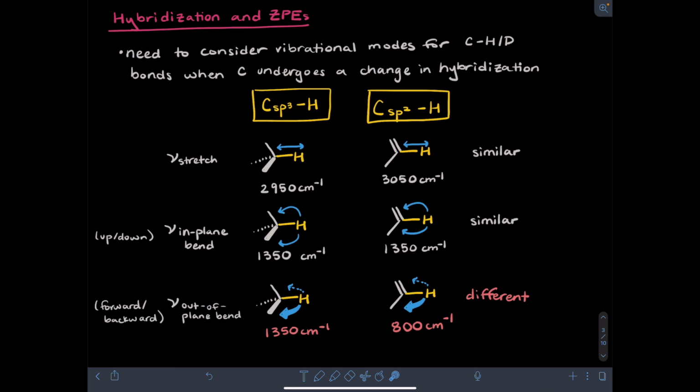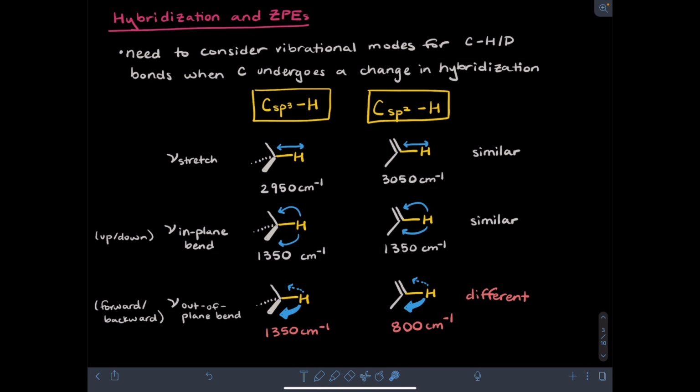Where you start to see differences between sp3 and sp2 hybridized carbon-hydrogen bonds is in what's known as the out-of-plane bend. This is where you imagine your carbon-hydrogen bond coming up and out of the page, or going into the page as it vibrates.